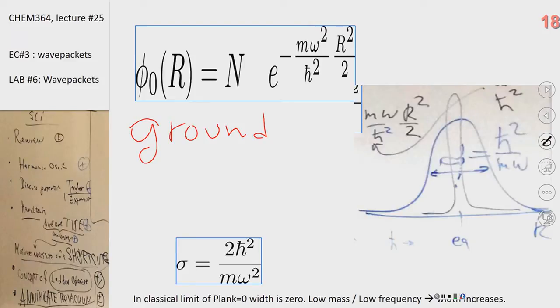First, if Planck constant is 0, or it is 0 compared to mass and frequency, then the width of this distribution will be 0, which will immediately give us intuitive classical mechanics. So the two atoms stay exactly at their equilibrium elongation, right?